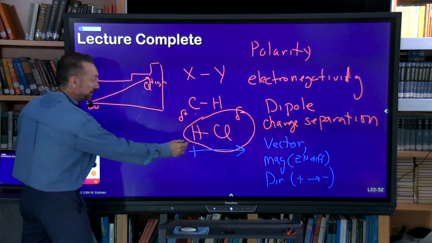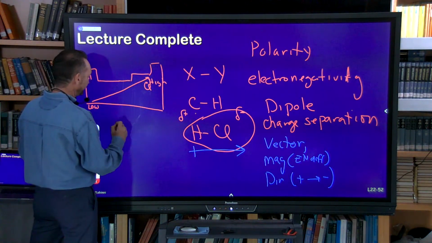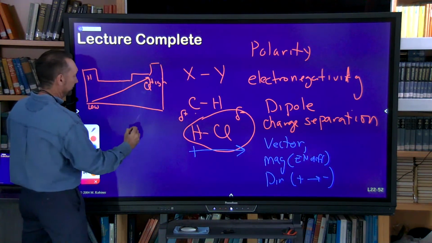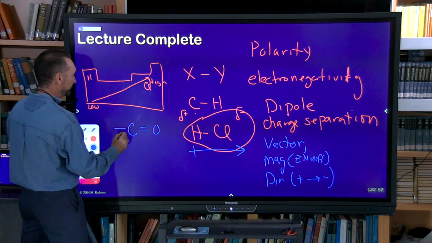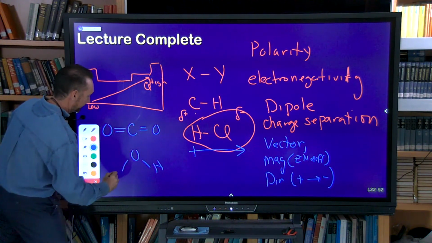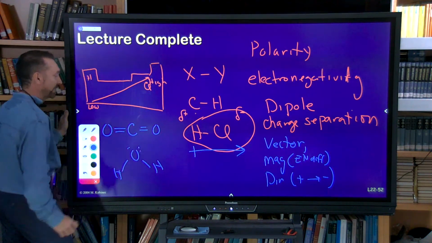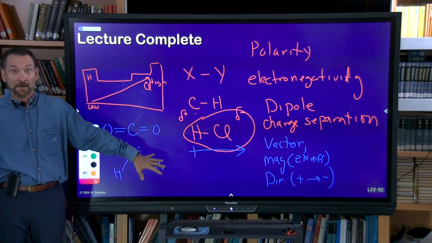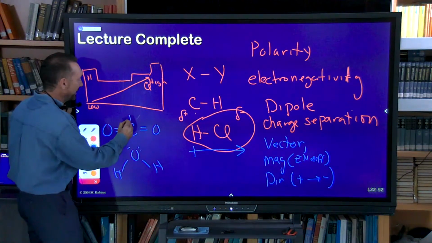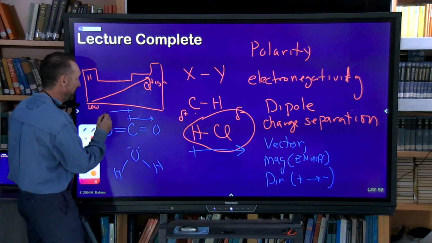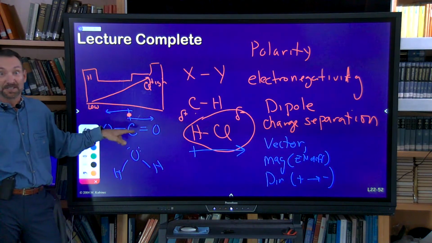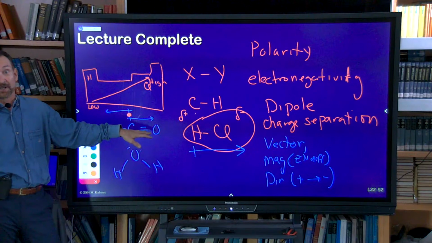Last thing you have to know is, since it's a vector quantity, all the individual dipoles in the molecules could cancel out to 0, and a molecule might not have a dipole moment itself if it's very symmetric.